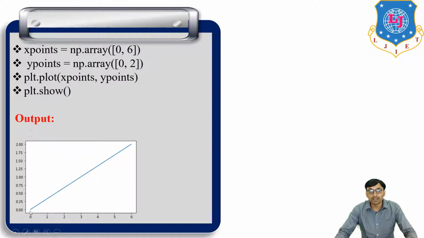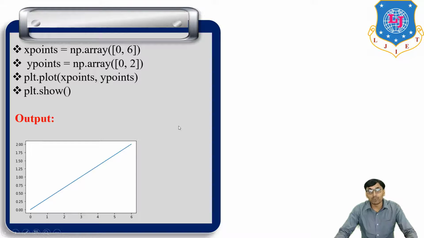So the first point is (0, 0), because here 0 and 0, and the second point is (6, 2). Okay, so this is 6 and here 2. So (0, 0) and (6, 2). This is the line.